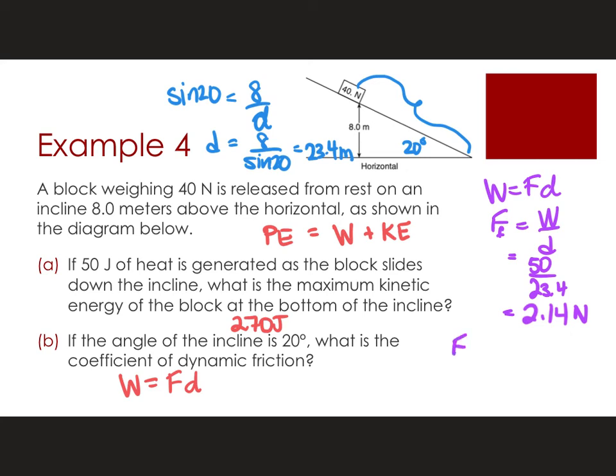So if I look back to the equation for friction, mu Fn. We need to go back to this diagram for a second. We have force due to gravity pulling straight down, and we can break it up into its components, Fg perpendicular and Fg parallel. Now, yes, it's accelerating down the hill, but perpendicular to the hill, it's staying on that surface the entire time. So the forces are balanced in this direction, perpendicular to the surface.